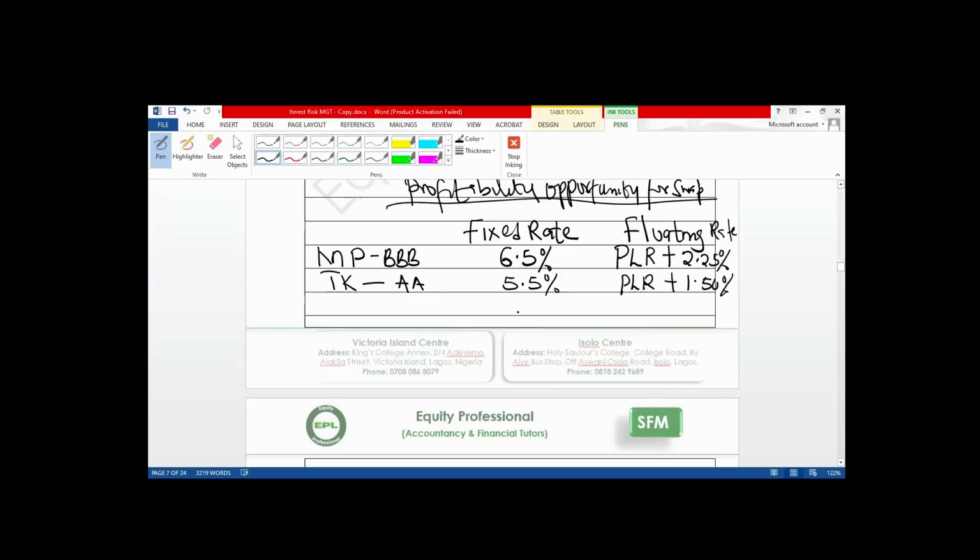That means TK has comparative advantage, both for fixed and for floating.